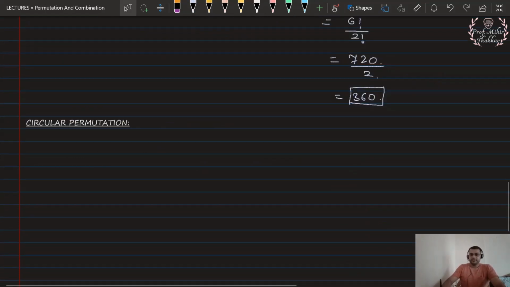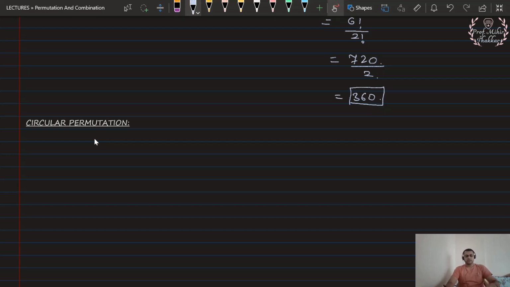Now let's understand circular permutation. When we talk about circular permutation, it means that you have to arrange objects along a circle. Permutation means arrangement, and circular means arranging the objects along a circle.